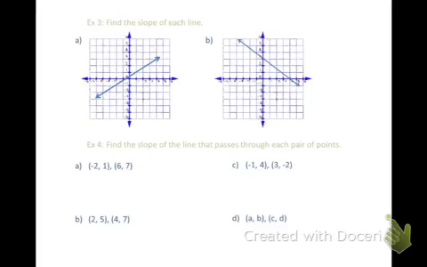I'm going to say it meets here at a whole point, and it meets here at a whole point. Notice that where they meet is where the vertical and the horizontal lines meet together.